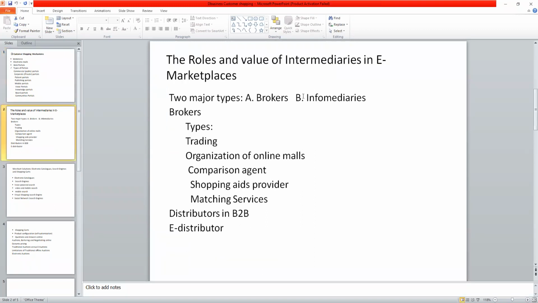Now the roles and value of intermediaries in marketplaces. Here, basically, we have two major types: the brokers as well as the intermediaries.